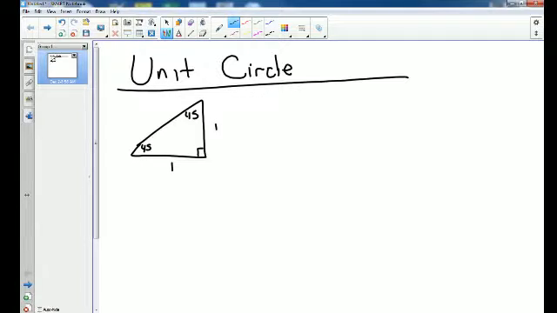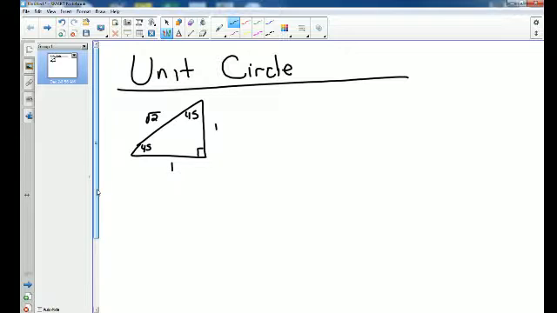They're the same. Then what's this? 1 root 2. One squared plus one squared is 2, so the hypotenuse is the square root of 2. You can use the Pythagorean theorem still, or you can just know.